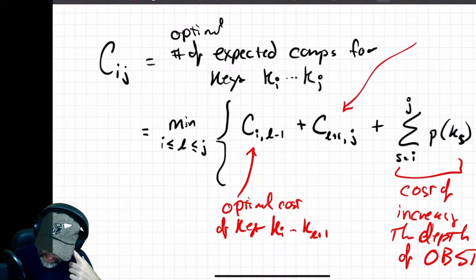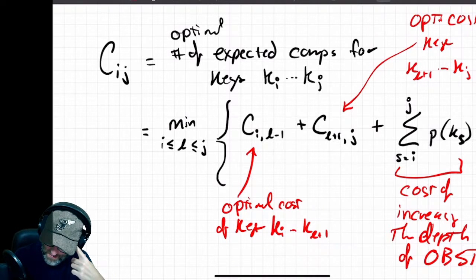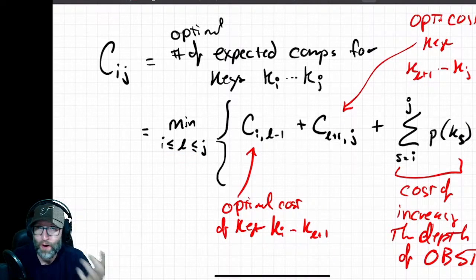And this one is the optimal cost of keys K sub l plus 1 through K sub j. And again, you are iterating over all possibilities. We're not going to go into the proof that this is correct.